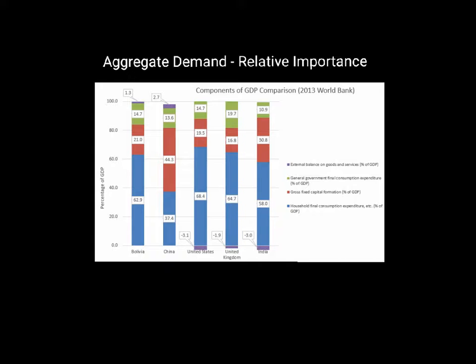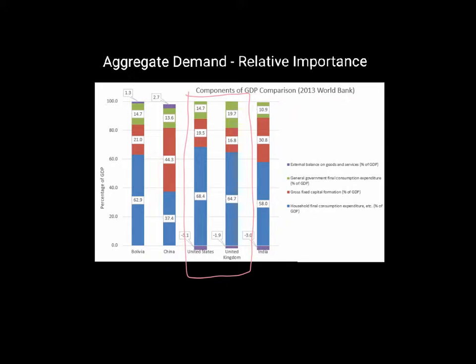So let's take the UK and the US to begin with. If we look at these two economies here, you'll see that the breakdown on these two economies is relatively similar. There are slight differences here, but they are relatively similar.